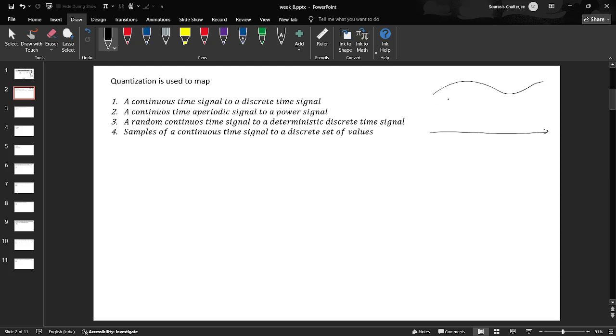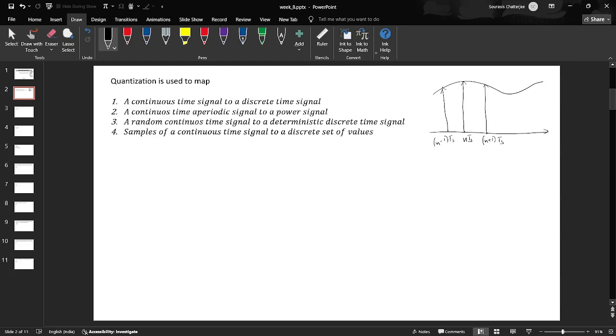We talk about taking a few samples at a certain sampling rate, and if we call the sampling interval TS, let's say this is nTS, this is the n minus 1th instant, and this is the n plus 1th instant.